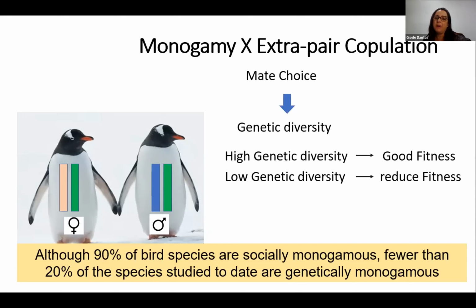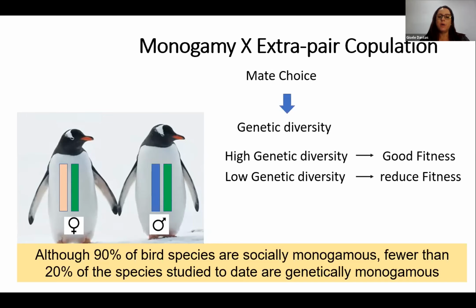Well, I talk about monogamy, and mate choice is fundamental to the survival and the fitness of individuals. Because of similar genetic parents, you increase the probability of harmful alleles showing in the offspring.